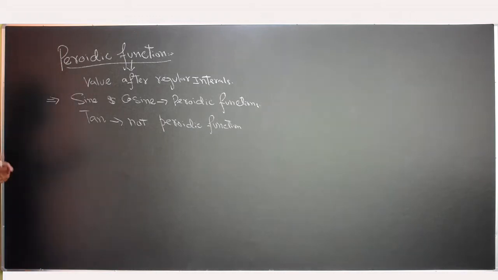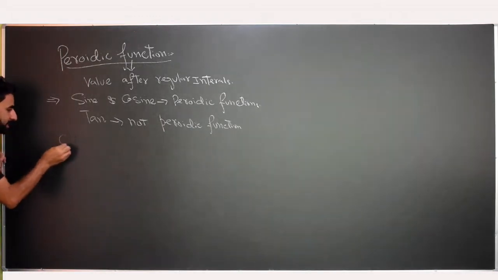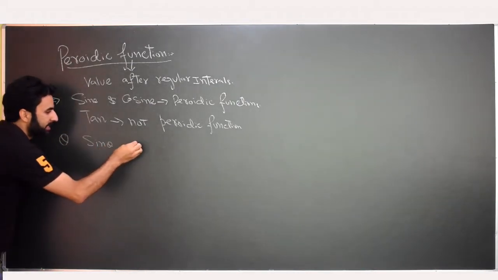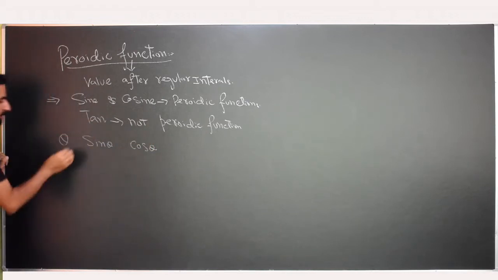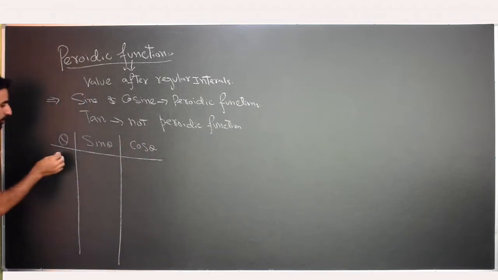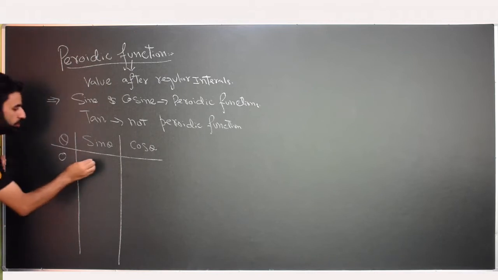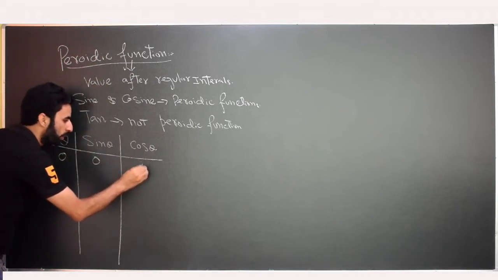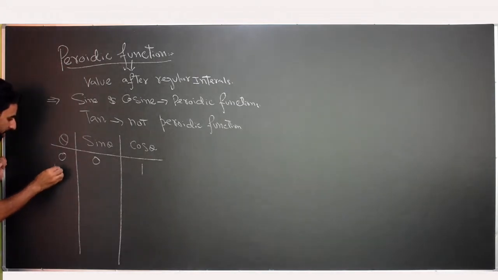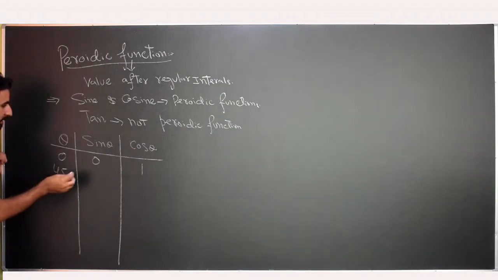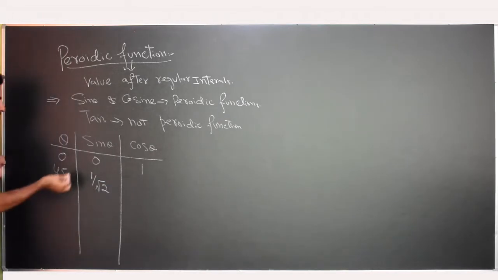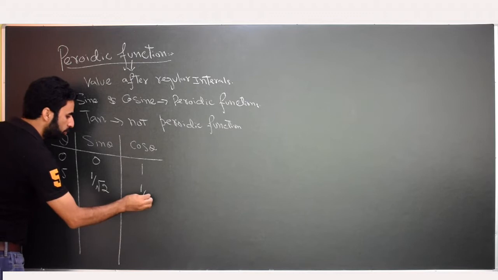Let's take theta. Let's write here sine of theta, and here cosine of theta. If theta is 0, we know sine 0 is 0 and cos 0 is 1. If we take 45, sine of 45 is 1 upon root 2, cos of 45 is also 1 upon root 2.